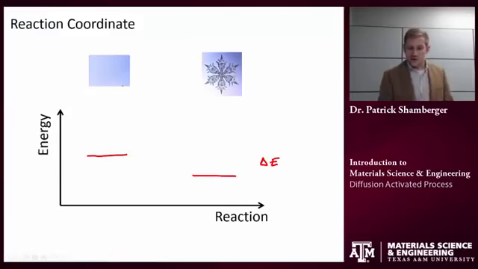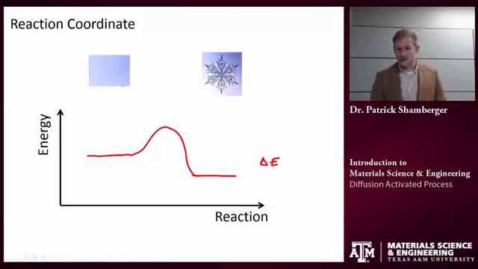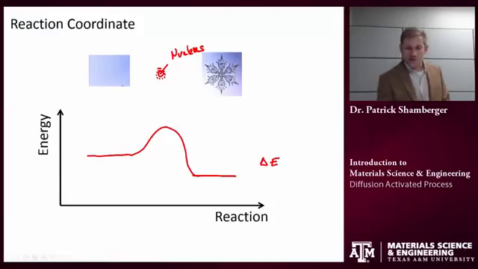But I do have to go through some intermediate state. In this case, that's related to the formation of a small particle called a nucleus, and the fact that the surface energy is really high for these nuclei. So again, we have to go from an initial state to a final state.